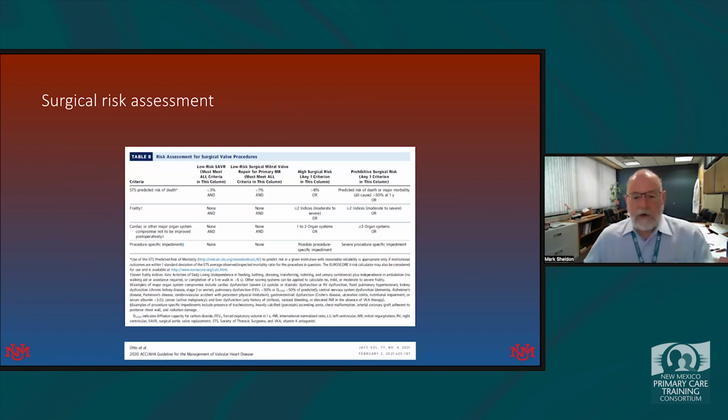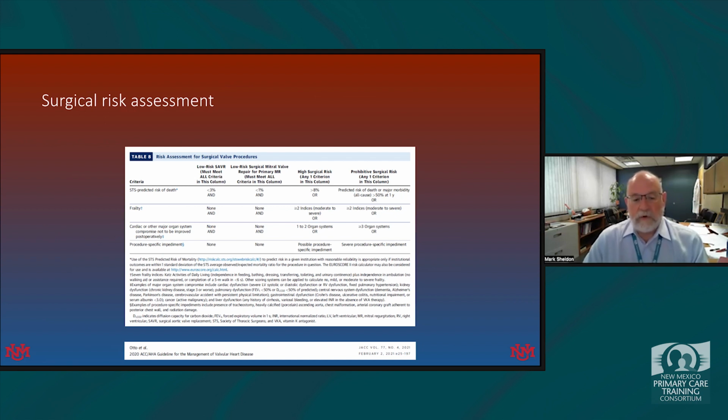And this is just put in there to show some of the aspects of what goes into surgical risk assessment. Frailty, there is a database called the STS, or Society of, I can't remember. It's basically the CT surgery society, like ACC is for us. And there's a risk calculator that you can plug all these parameters into, and you can calculate what their risk of mortality is, prolonged hospitalization, et cetera.